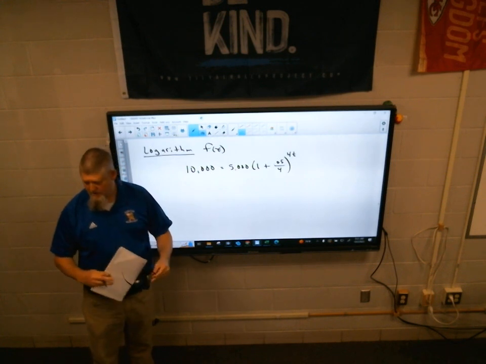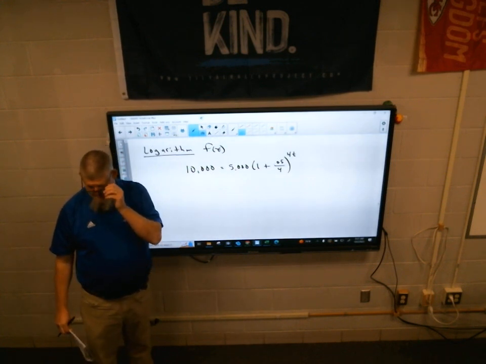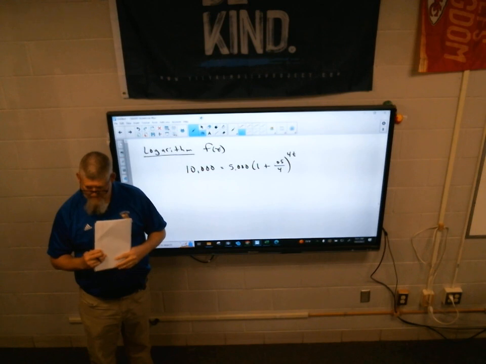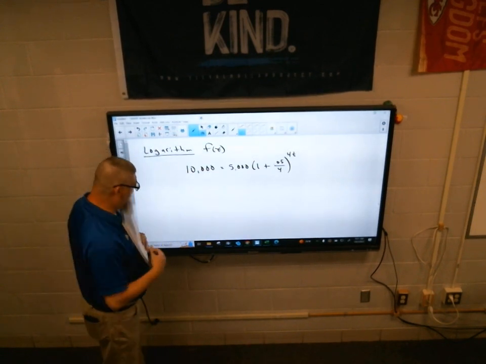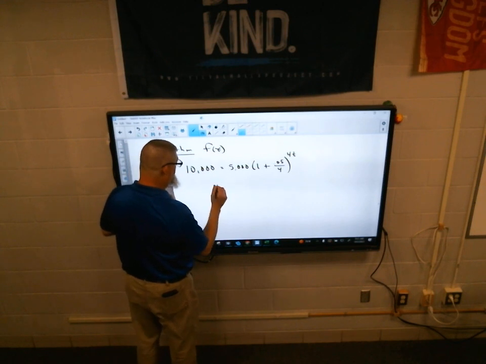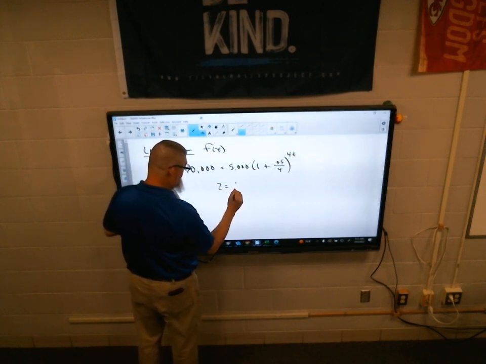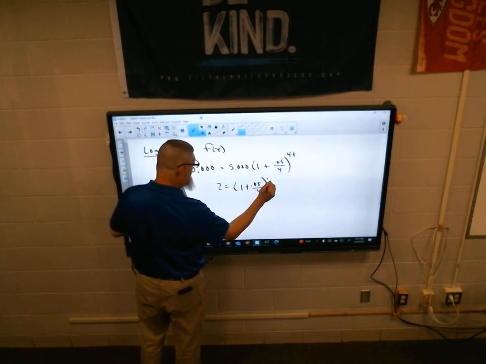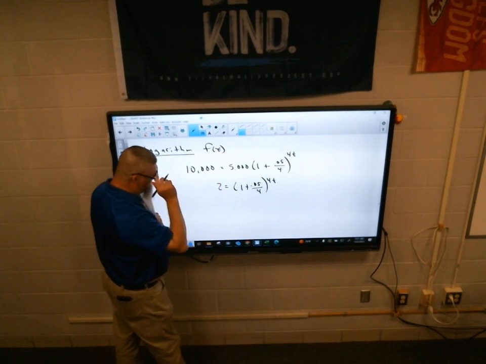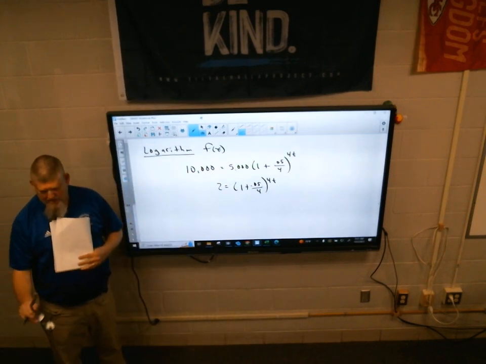I thought logs was like with the bottom. Okay, so stay with me. If I solve this a little bit, divide both sides by 5,000, 2 equals 1 plus 0.05 divided by 4, to the power 4t.